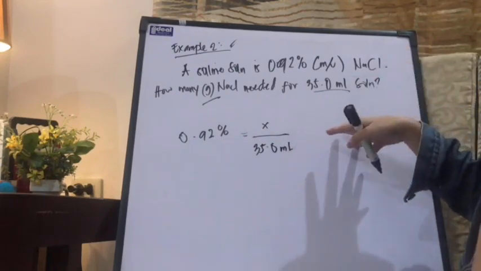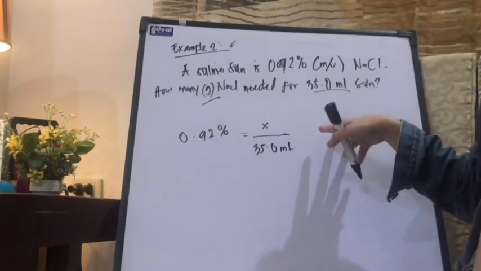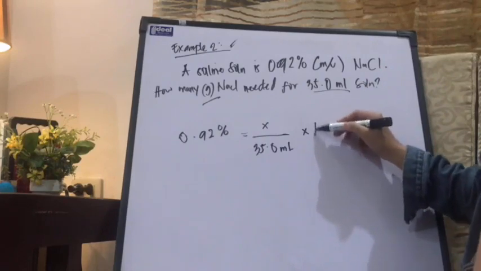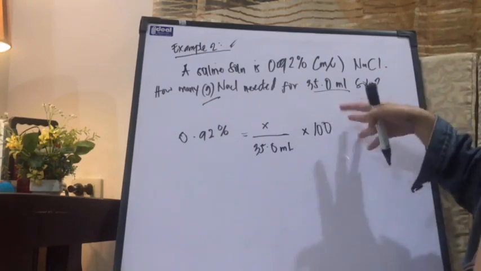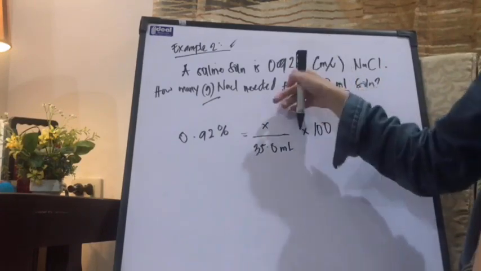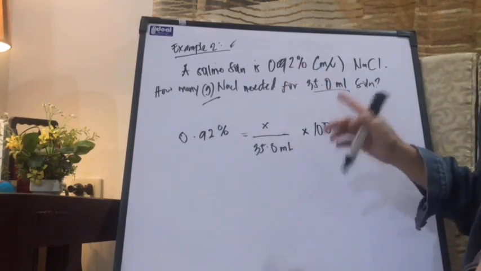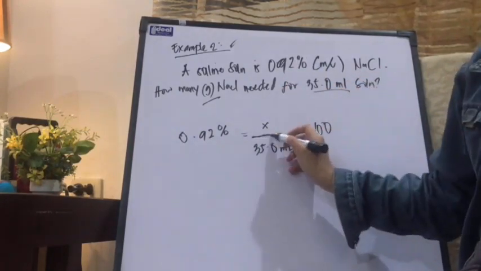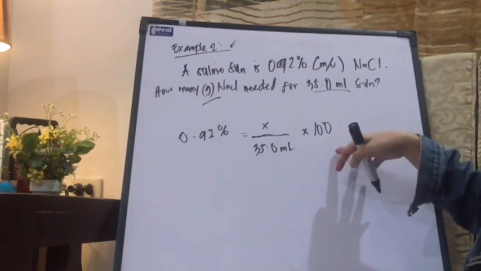And this is the part that everyone keeps forgetting. We also have to multiply it by 100 because of the percent. So don't forget to multiply it.